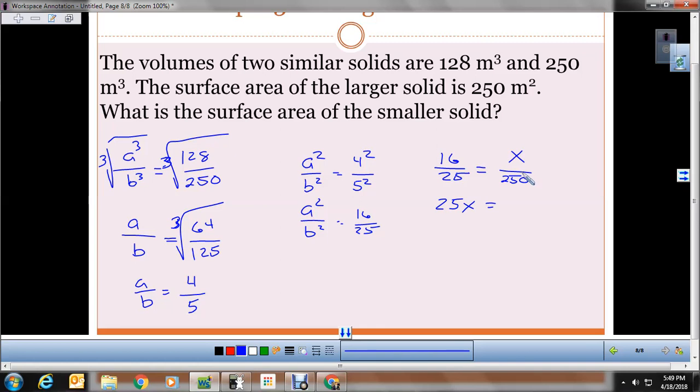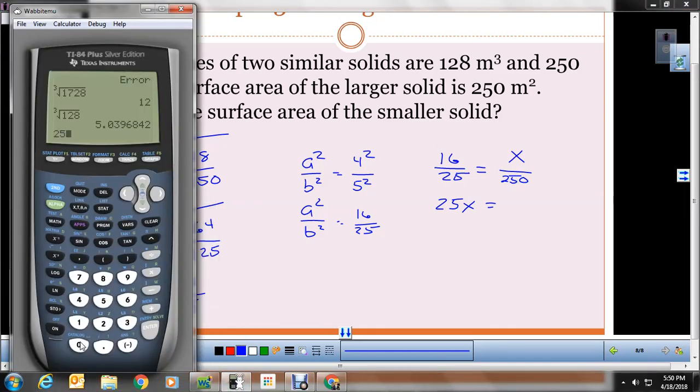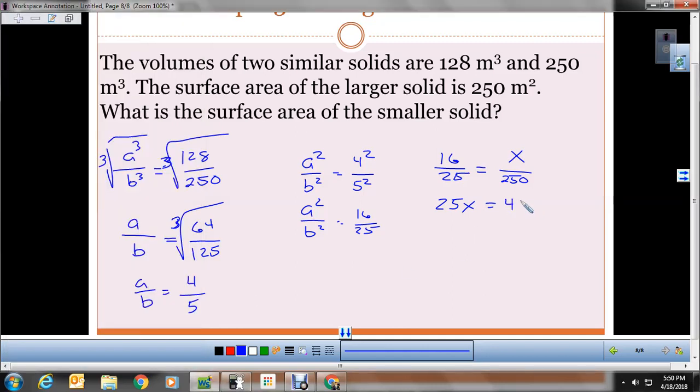So we'll take 250 times 16. That will be 4,000. Now we're going to divide it by 25.